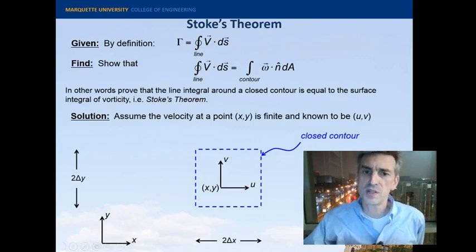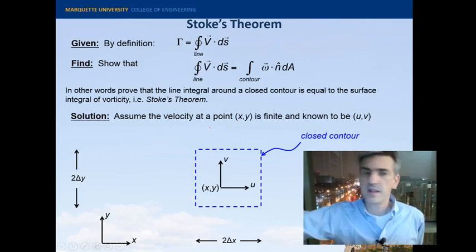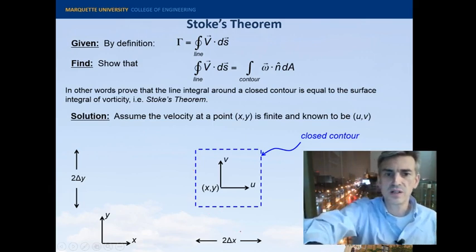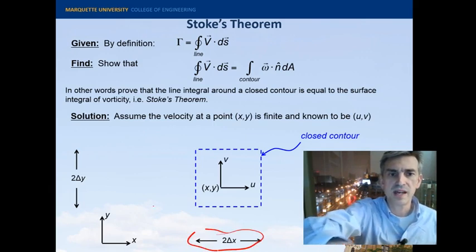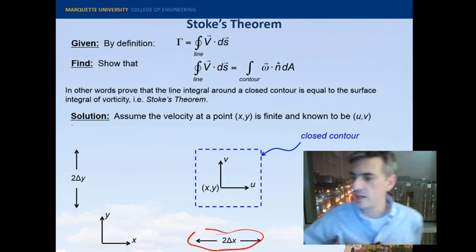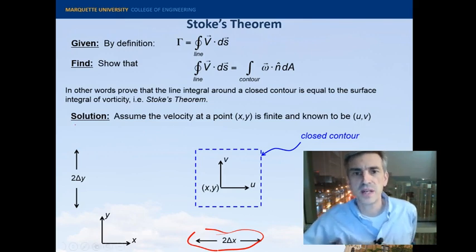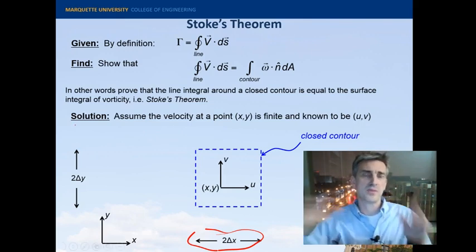So let's pick some closed contour that I'll define here by this dotted line, and then the sides of it will be this 2 delta x and 2 delta y. So it's an easy contour to integrate over because it's orthonormal.